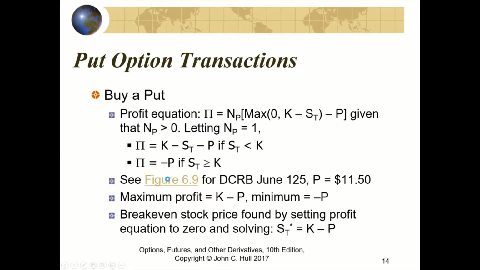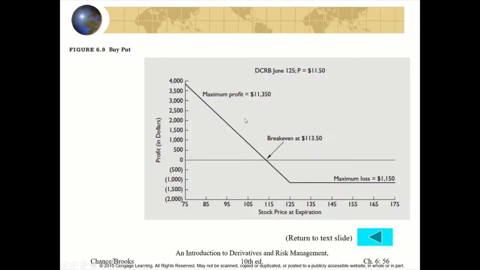So let's examine the put option on stock DR, which expires in June and has a strike price of 125 and a premium of 11.50. Now, in this strategy, there will be a maximum profit, which is when the price drops to zero. It will basically amount to the difference between the amount I'm going to receive when I exercise and the amount I paid for the premium.